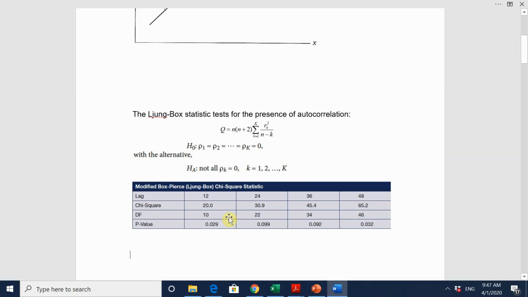There is in fact autocorrelation in there, and so I must reject the null hypothesis. My model is not adequate for the first 12 time lags, right? Beyond that it's kind of pointless, because if the first 12 time lags give me an inadequate model, I don't really want to pursue beyond the 12 time lags.